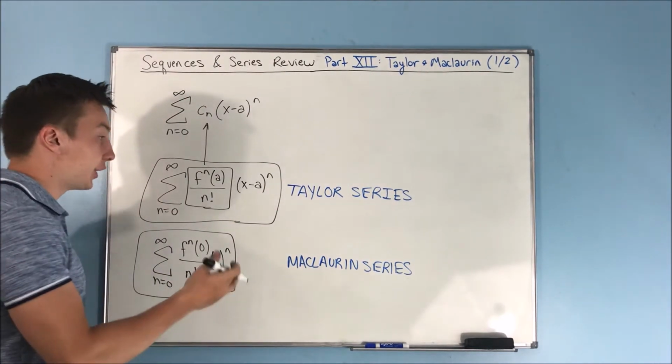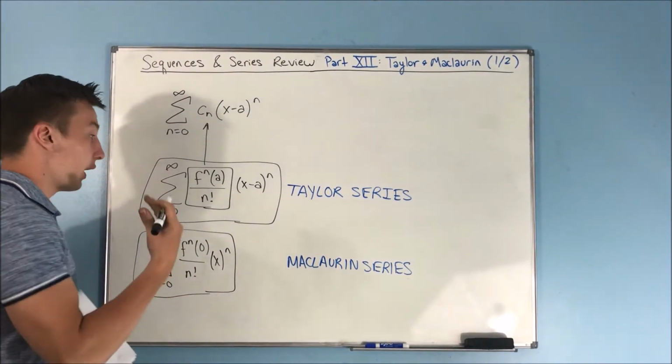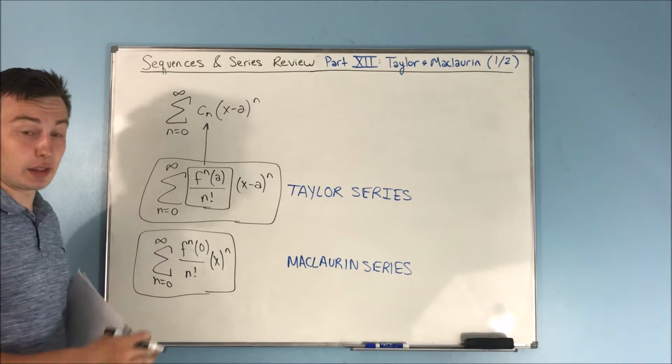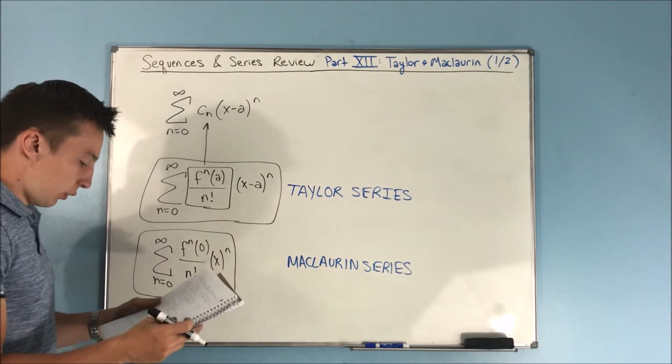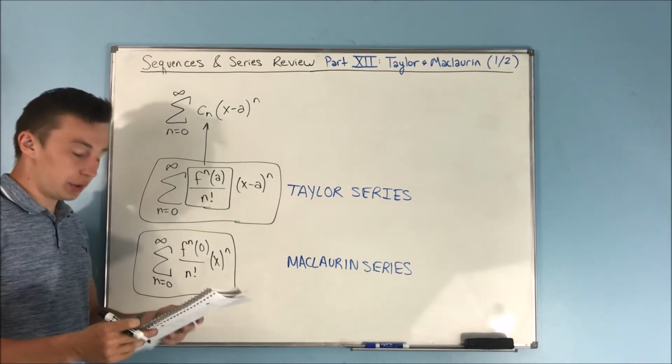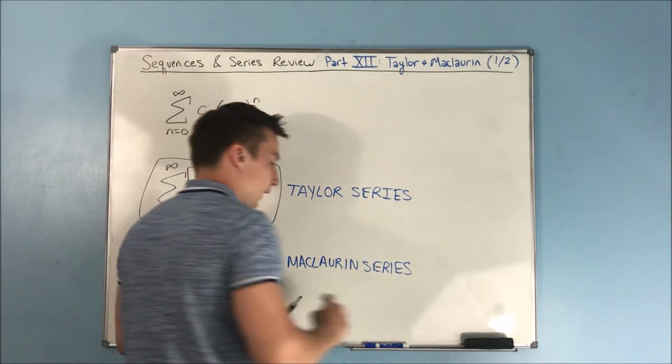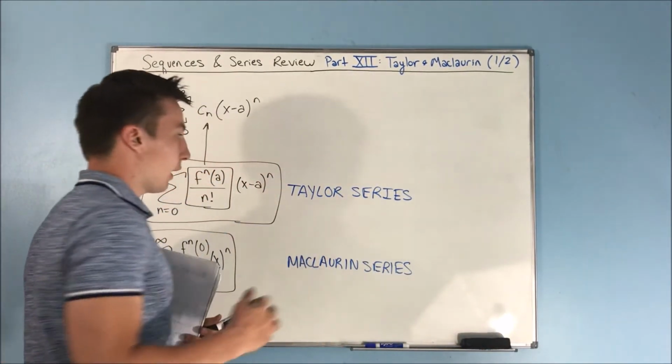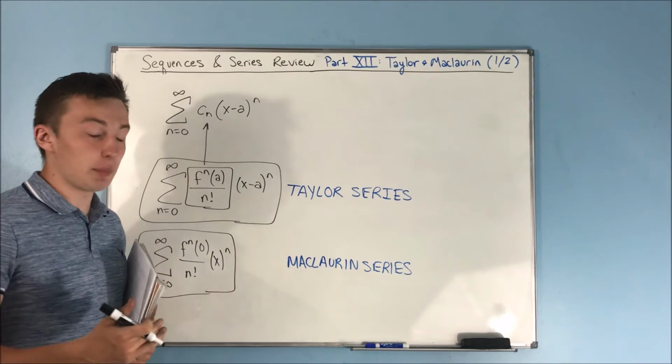So the Maclaurin series is just a special case of the Taylor series when a is equal to 0. Now we're going to talk about our 4-step process to figuring out a Taylor series, and then we'll do an example.